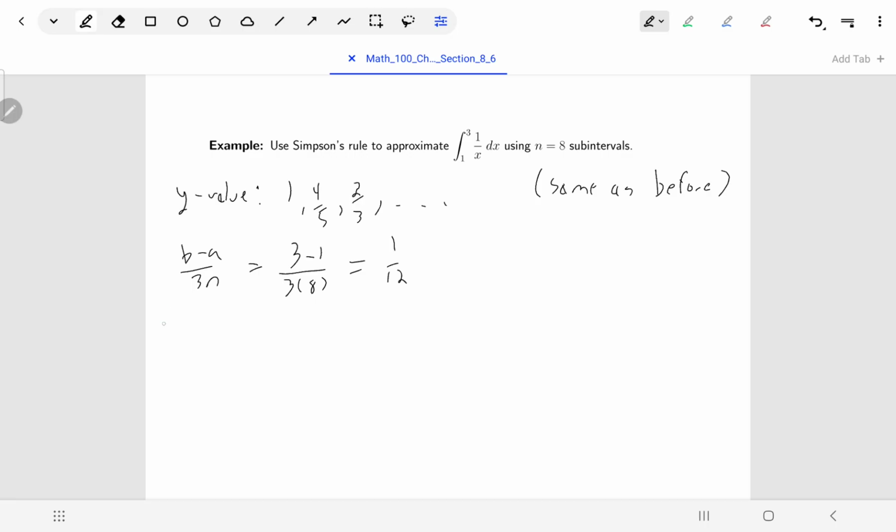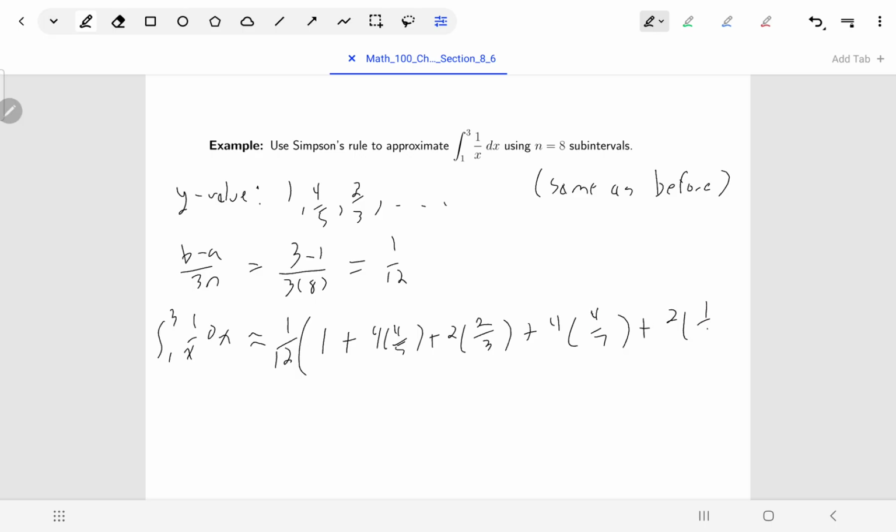And so now Simpson's rule says if we want the definite integral from 1 to 3 of 1 over x dx, that will be approximately 1/12 times 1 times our first y value, plus 4 times the next, plus 2 times the next, and then 4 times the next, 2 times the next, 4 times the next, 2 times the next, and 4 times the next.